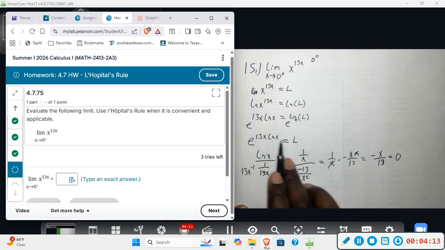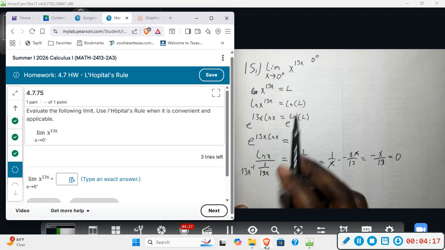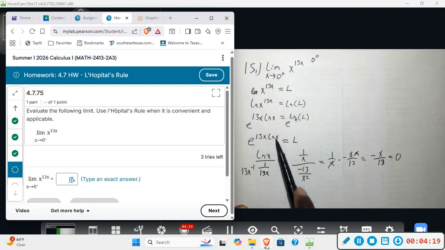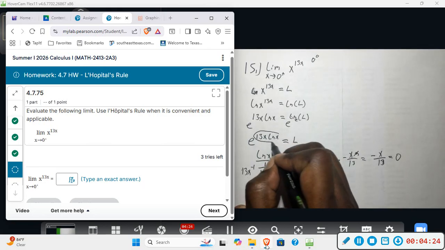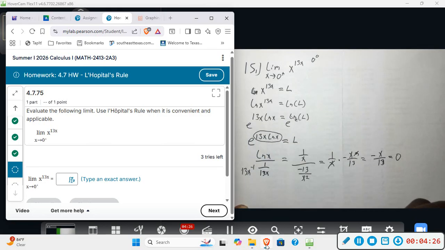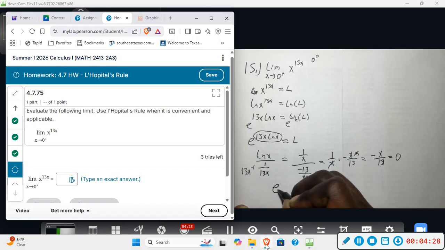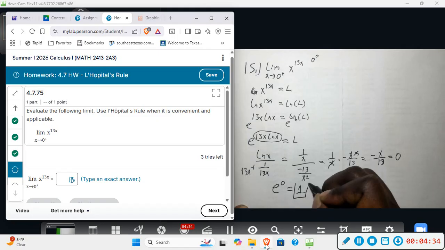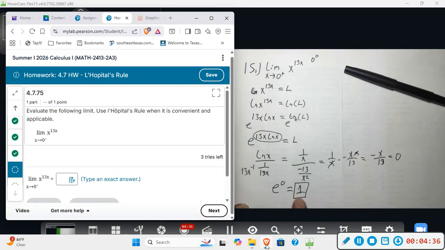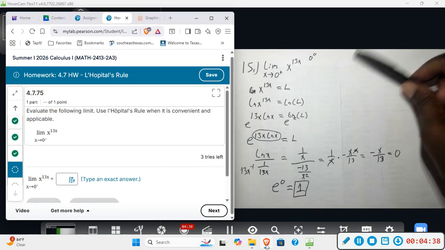So we are saying that L, because this part is representative of L, came from here. So this part right here is equal to 0. And so if we do e to the 0 power, we get 1. And so we are saying that this limit is equal to 1.